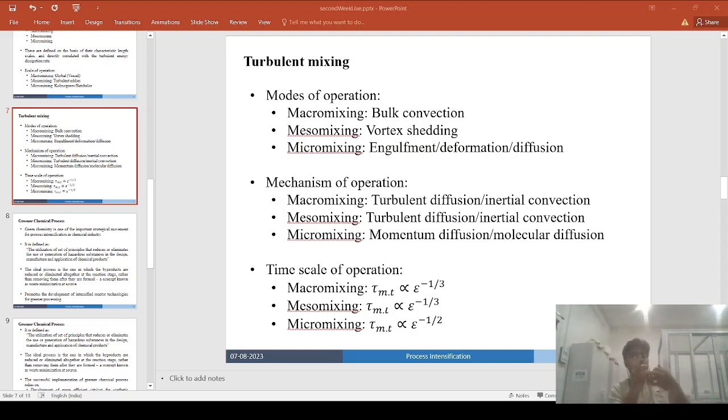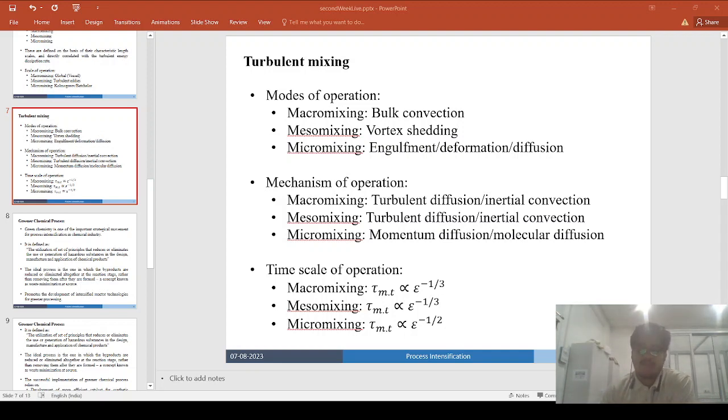It is characterized by 2 different mechanisms. The first is the turbulent dispersion of a fresh feed introduced to a vessel, which mixes with its local surroundings. And the second mechanism is the inertial convective breakup of the large eddies that are larger than the Kolmogorov length scale.